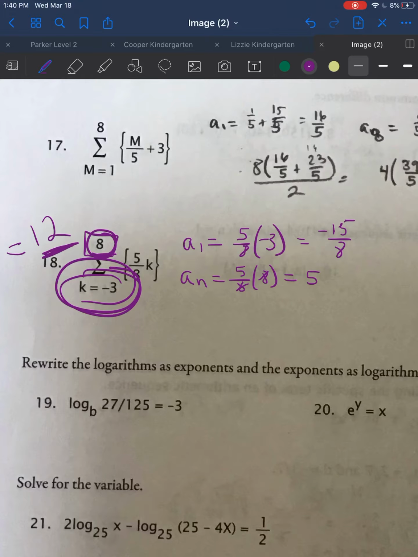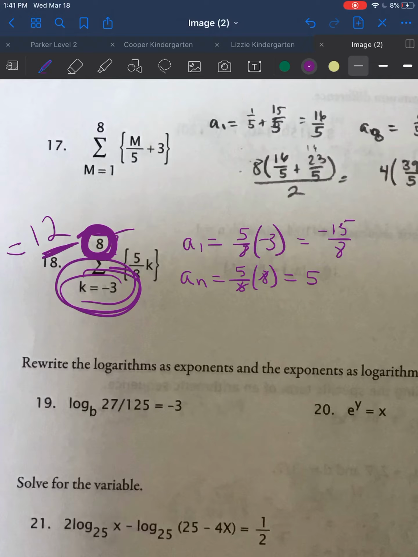In my formula, n all by itself is going to be the total number of terms in that series. When we're computing the value of a sub n, we plug in that top number. That is the value of the last term. When we plug in 8, that gives us the value of the last term, which is in this series the 12th term.